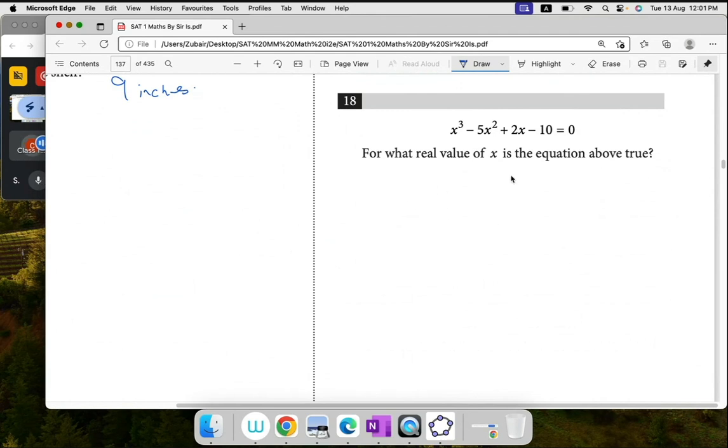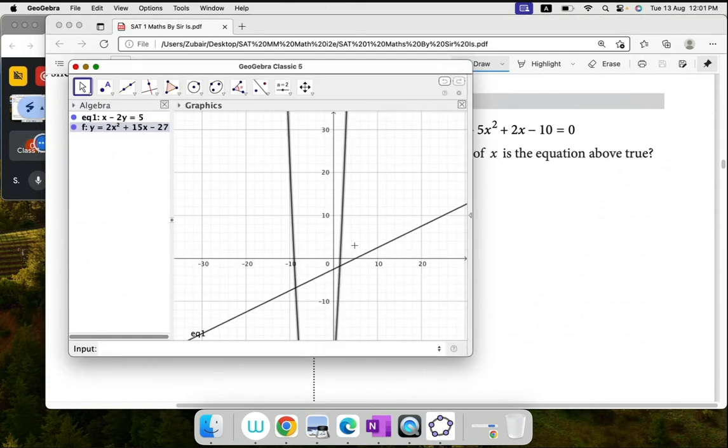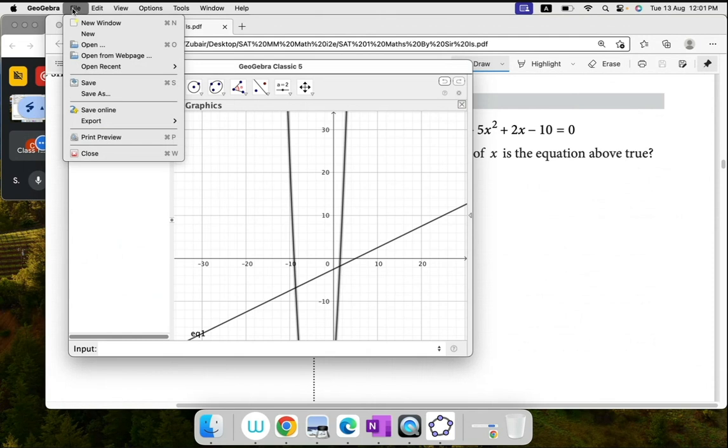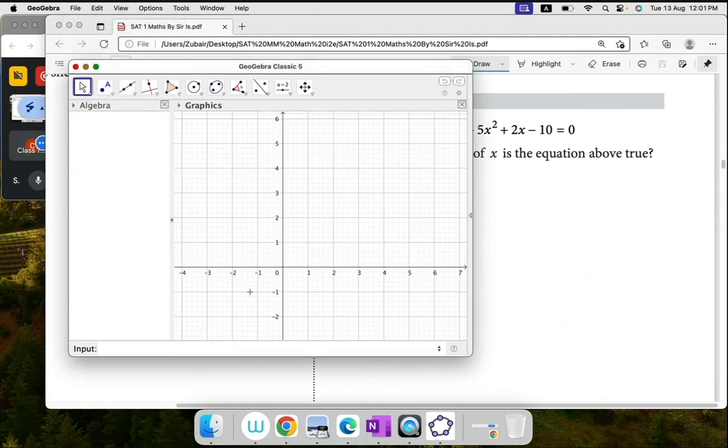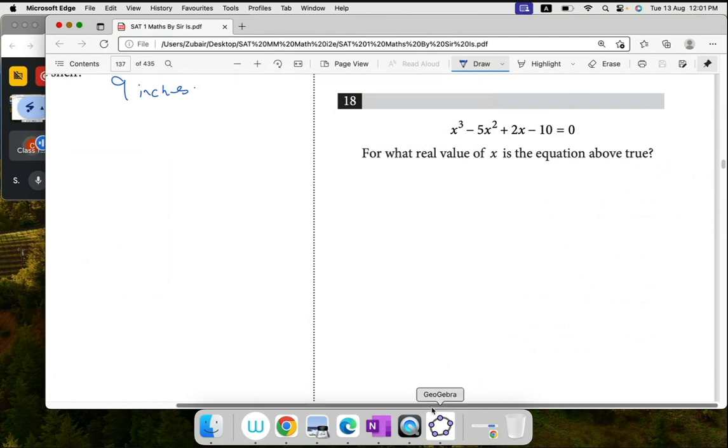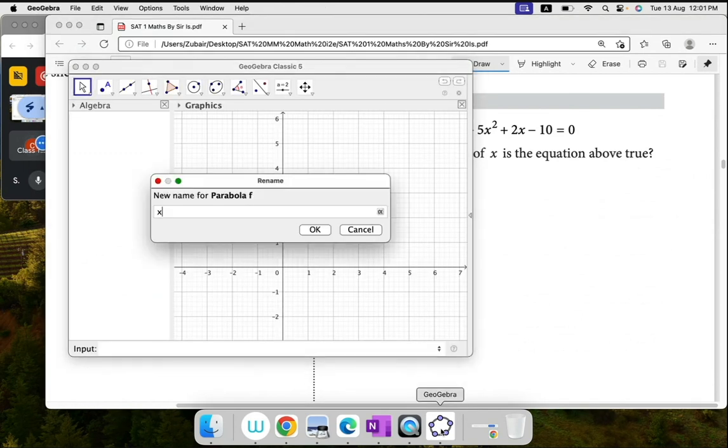For what real value of x is the equation above true? Okay, this is new. X cube minus 5x square plus 2x minus 10. By the way, I'm using GeoGebra. Desmos is even more friendly.